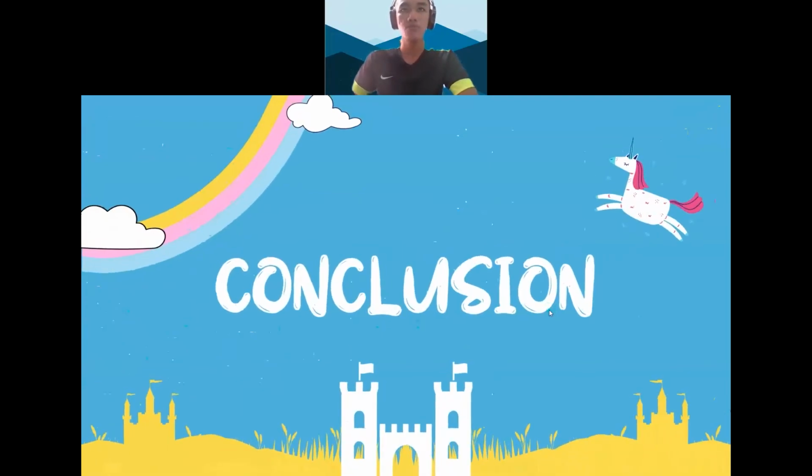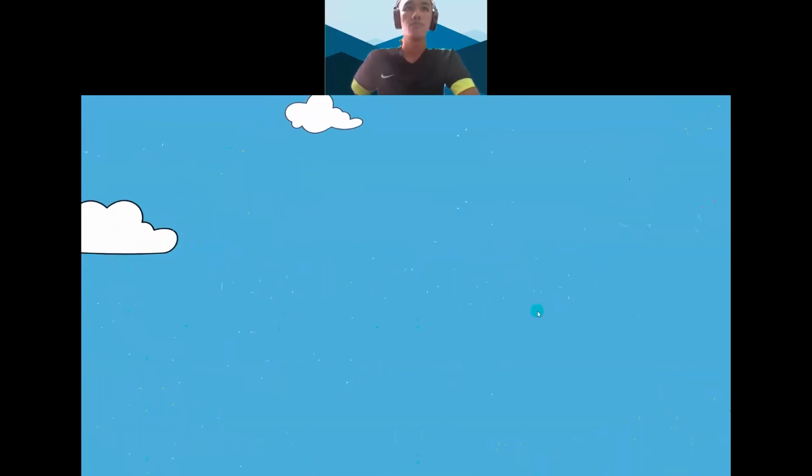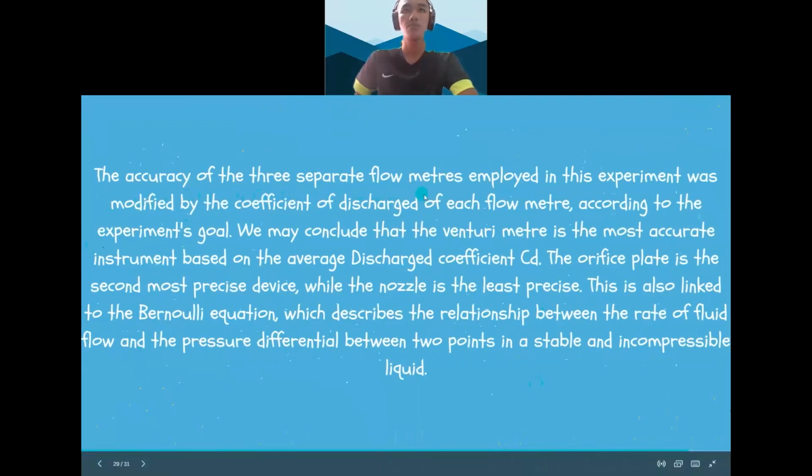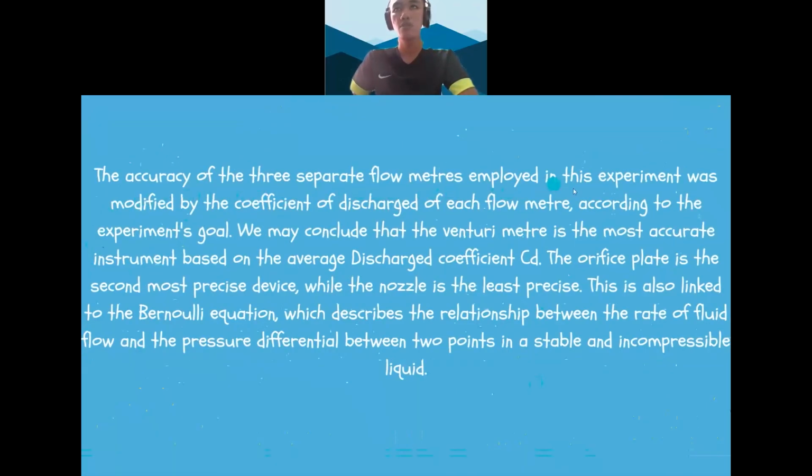Next, we move to the conclusion. For the conclusion, the accuracy of the 3 separate flow meters employed in this experiment was determined by the coefficient of discharge of each flow meter. According to the experimental goal, we may conclude that the venturi meter is the most accurate instrument based on the average discharge coefficient, CD.